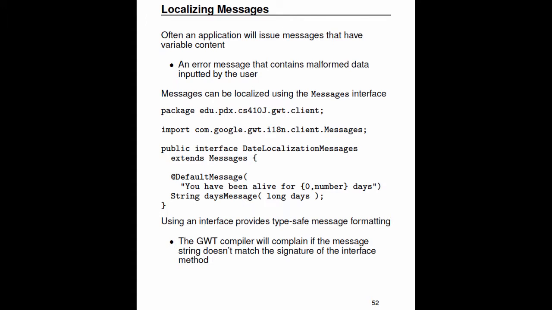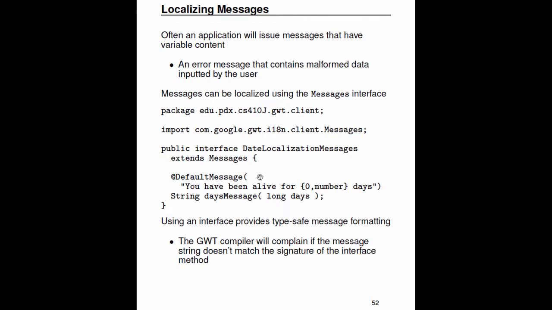Now those strings were constant values, meaning that the entire string is just right there. But you might also have what are called messages, meaning that you've got some text with some value embedded in it. So for instance, an error message saying that, okay, yep, you provided me bad data. You want the error message to include the data that you entered.